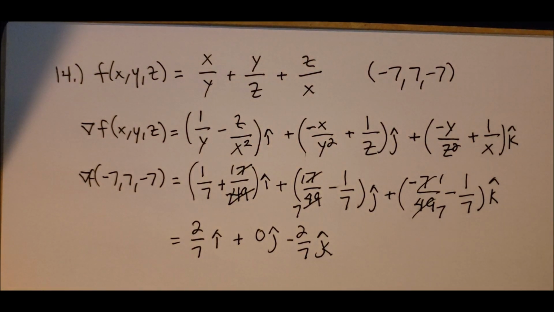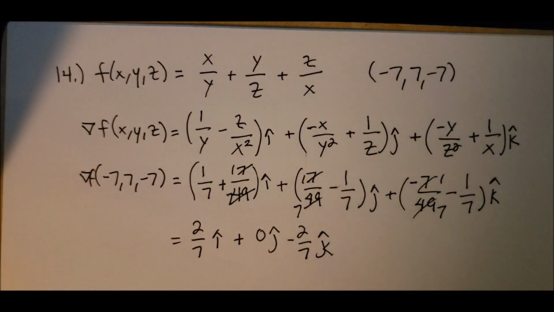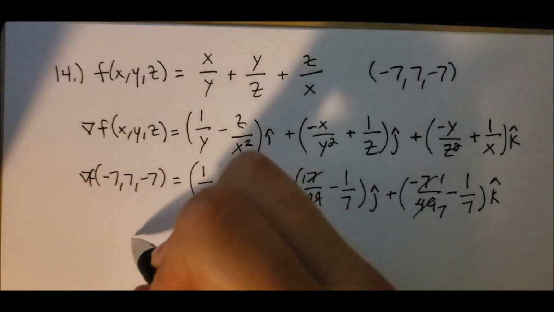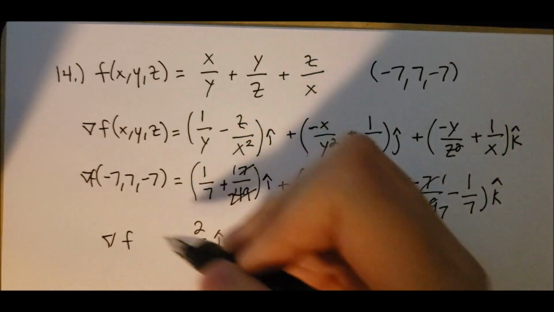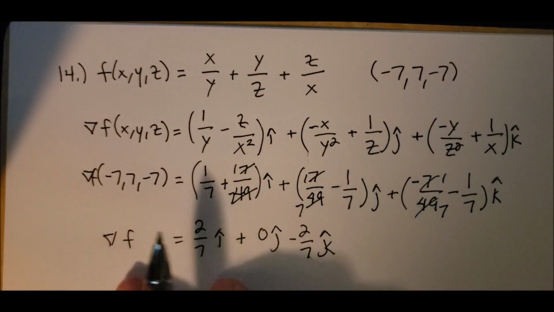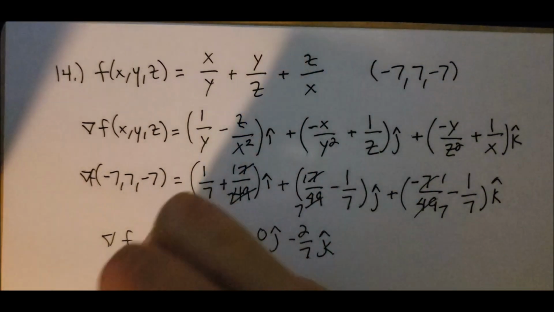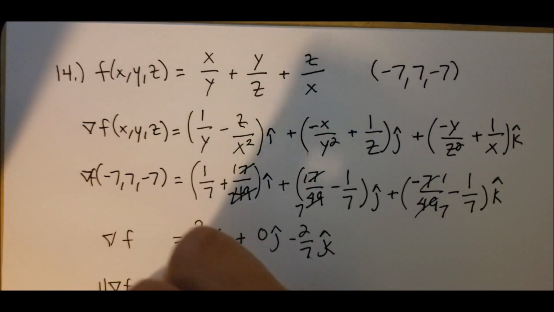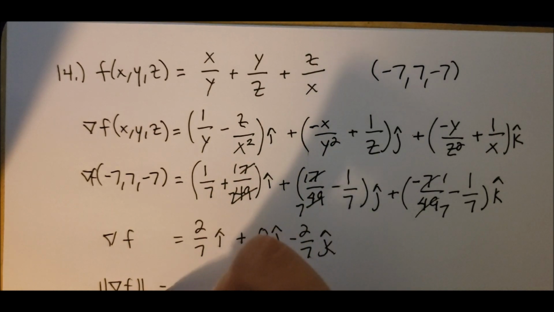So the direction it's increasing most rapidly, well, that's the gradient of f at the point. Now I need to find a unit vector in this direction. So I want to find the magnitude of the gradient.